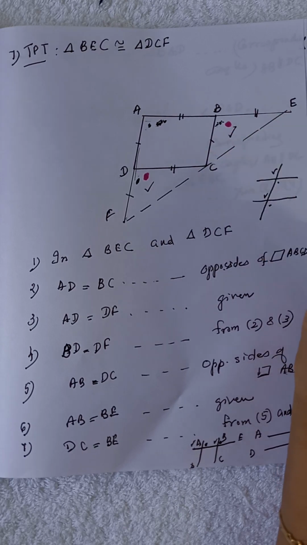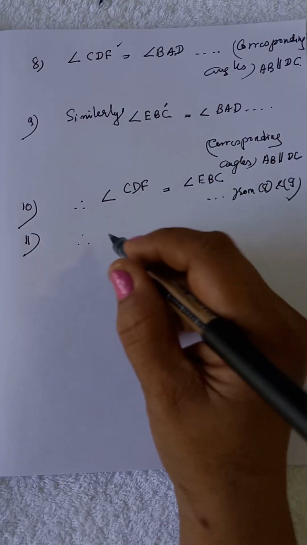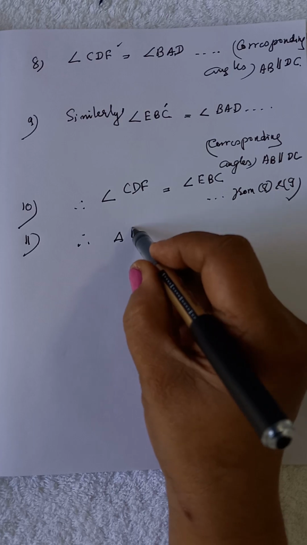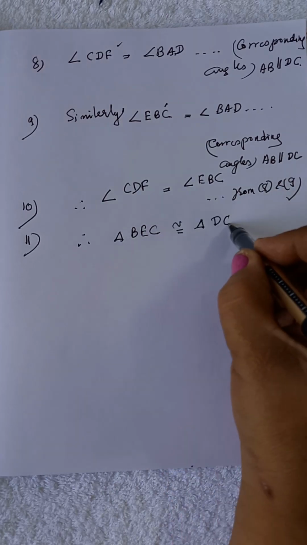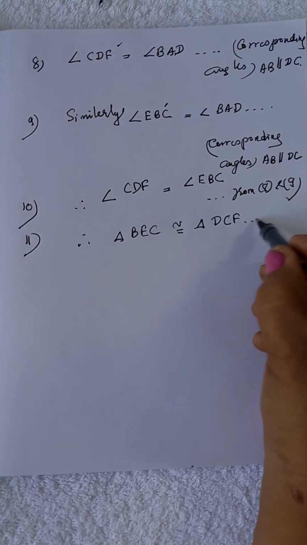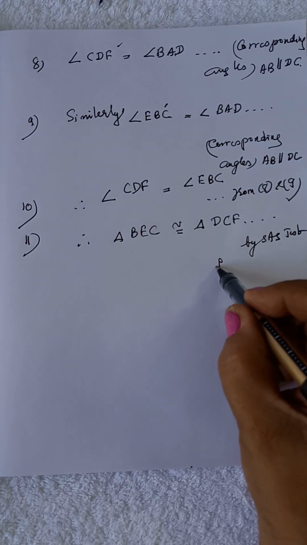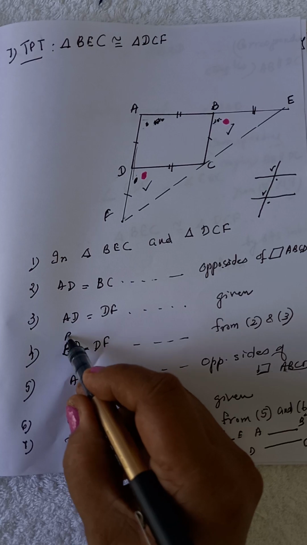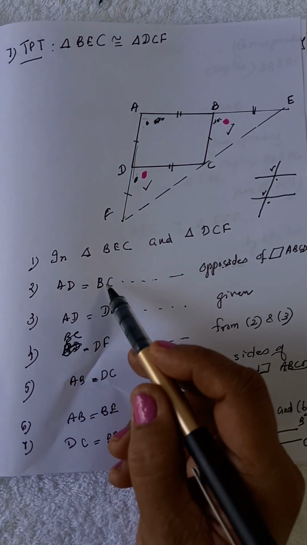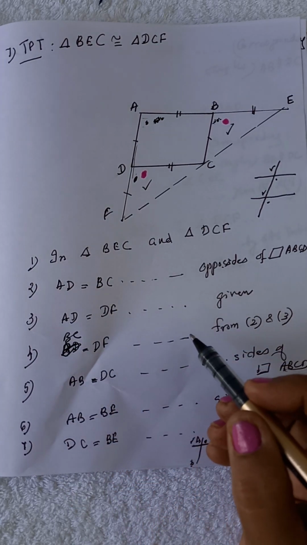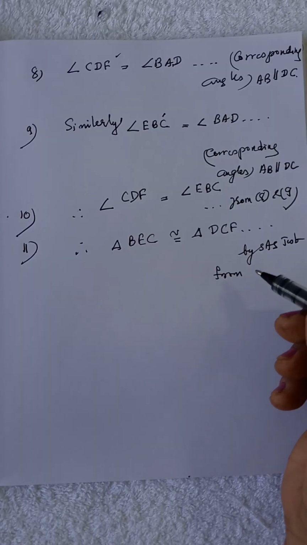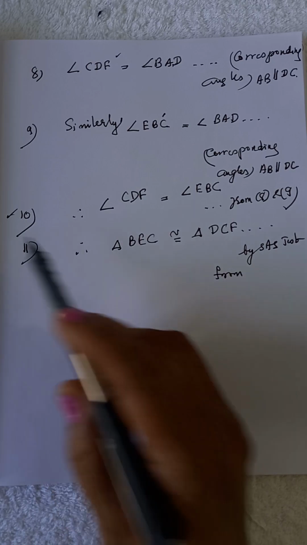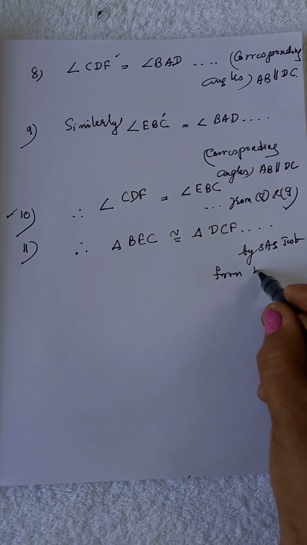So we can write, therefore triangle BEC is congruent to triangle DCF by SAS test. Here the fourth one is BC is equal to DF, AD is the same, so BC is equal to DF. Therefore triangle BEC is congruent to triangle DCF by 4, 7 and 10.